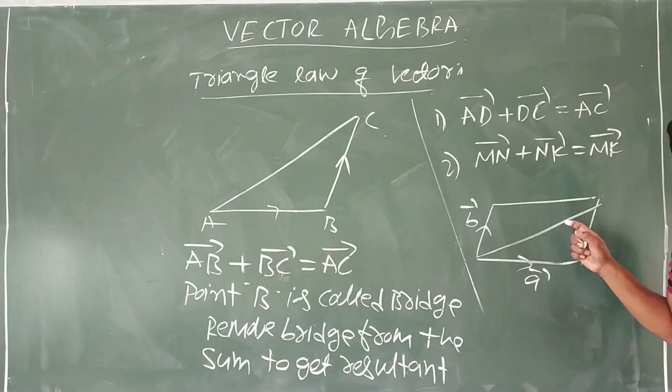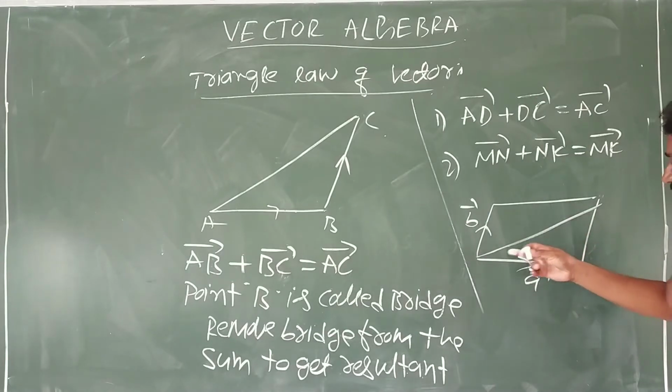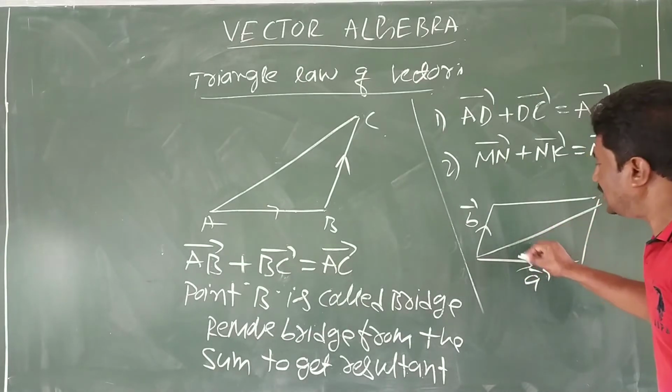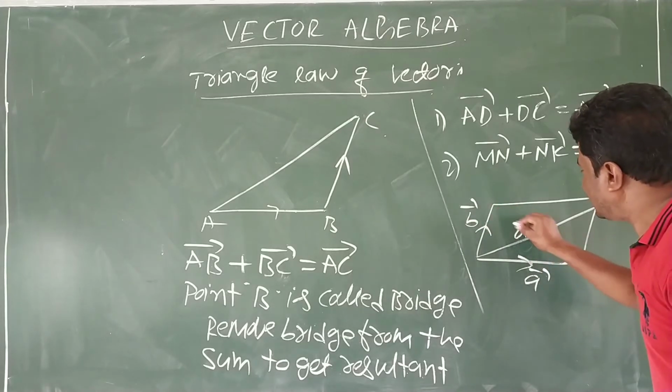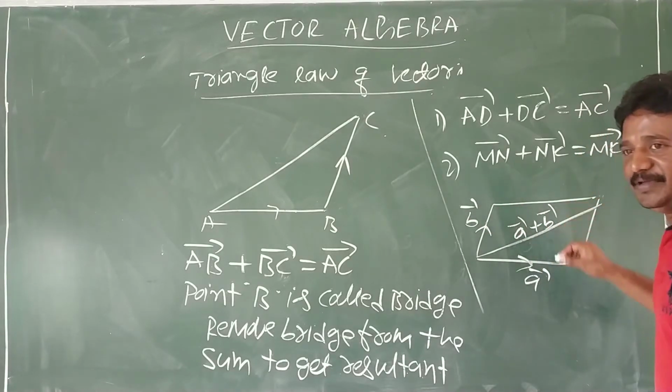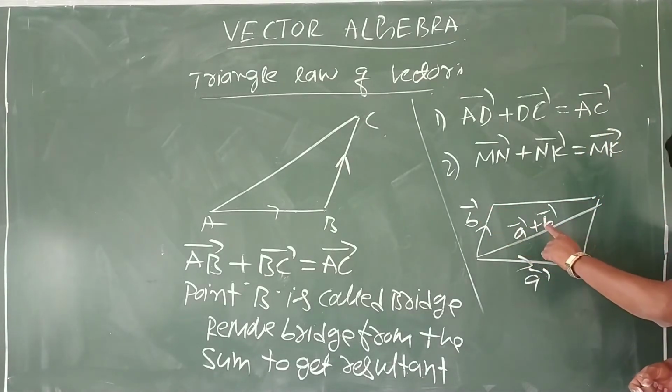So what is this diagonal? The diagonal should be the resultant of A and B, that is, vector A plus vector B, because it is the sum of these two along the principal diagonal.